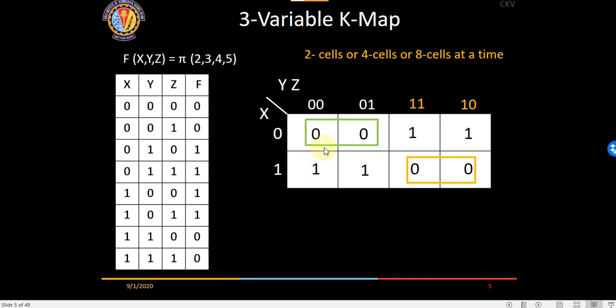Then y is also not changing there, no, sir? Yes, y and x both are not changing in the green box.